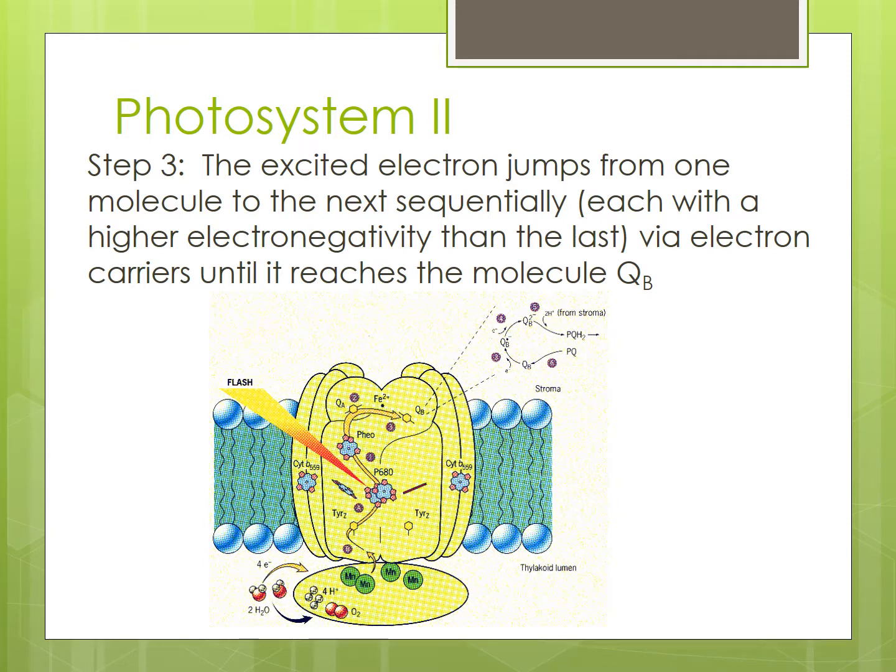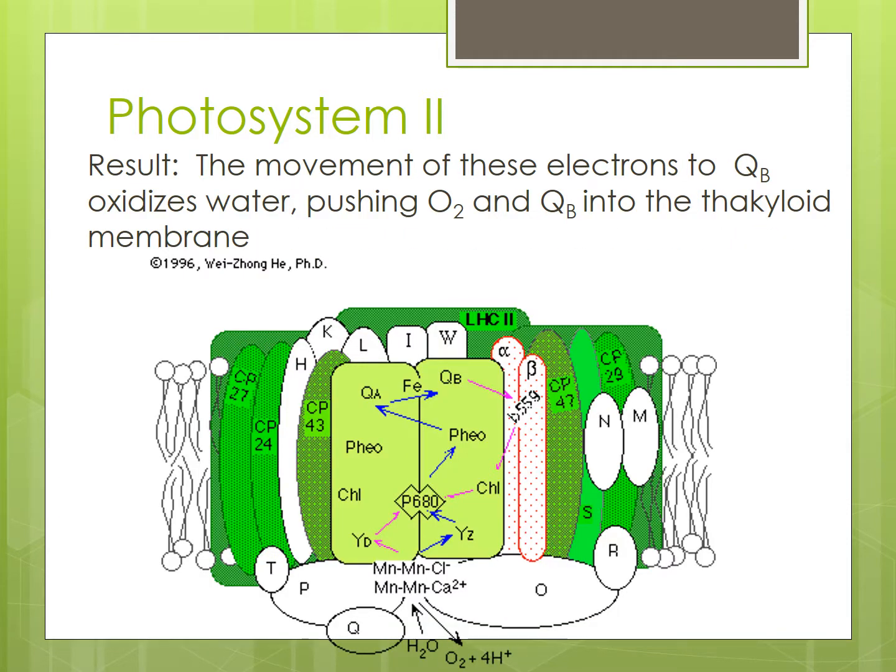And then finally, it's going to jump to a fourth molecule called QB. QB is extremely electronegative, more so than just about any other molecule we'll ever study. So after you've excited the electron, it's going to jump from one molecule to the next, embedded in the membrane. Each time it jumps from one molecule to the next, it pushes hydrogen across the barrier.